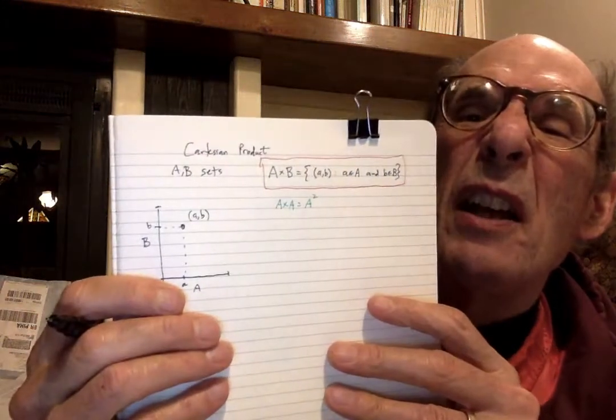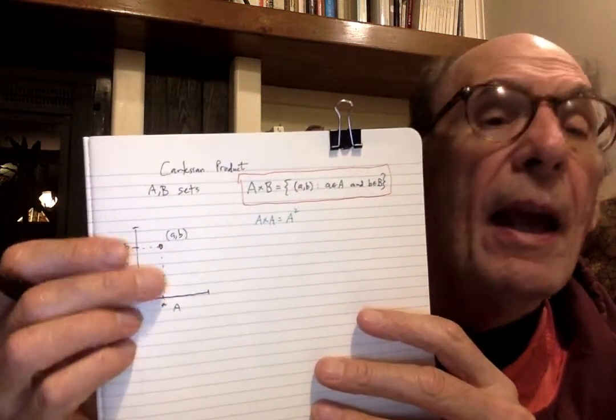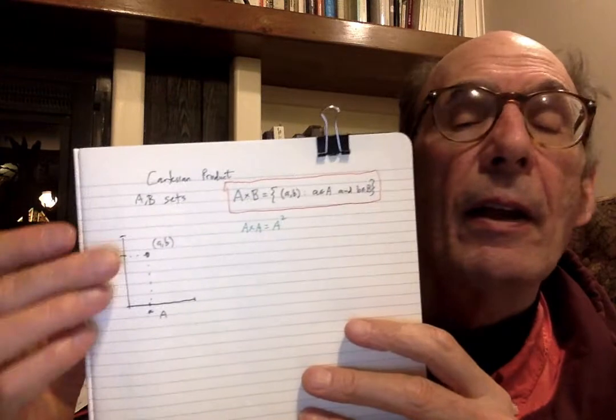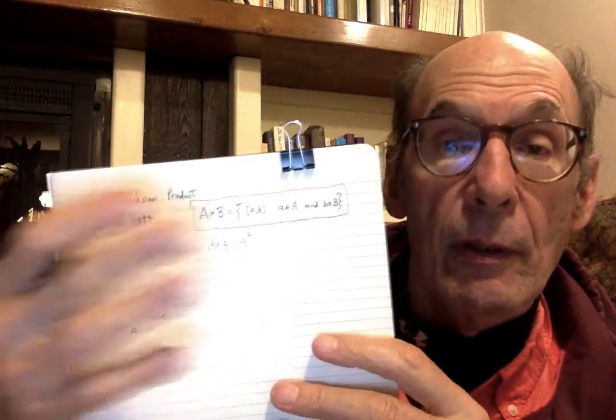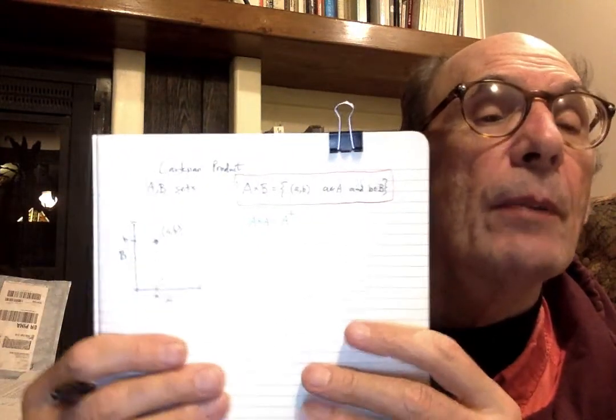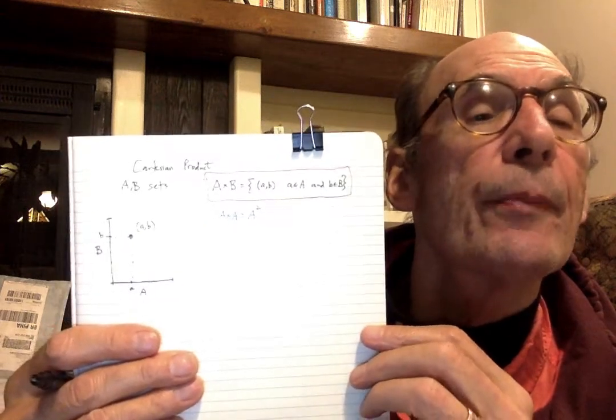So we think about that kind of metaphorically as being a graph. And so there's (a, b). Actually, if you draw a graph that defines a subset of A cross B, but we'll get into that in a little bit. Okay.